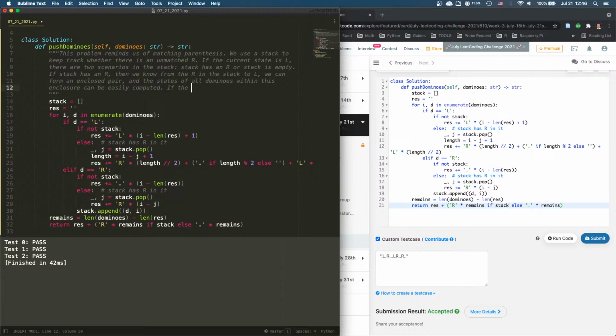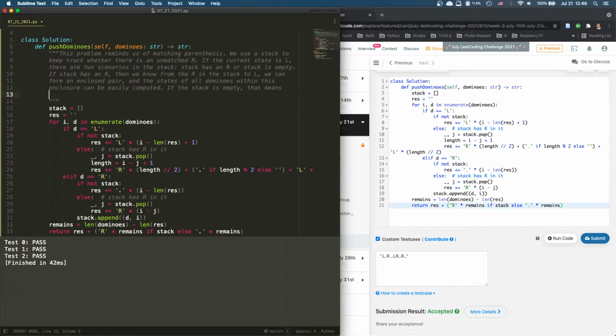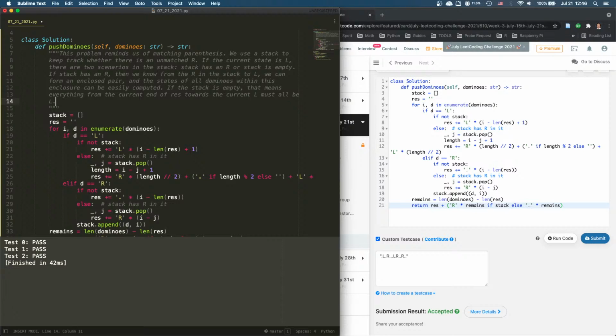If the stack is empty, that means everything from the current end of the rest towards the current L must all be L.